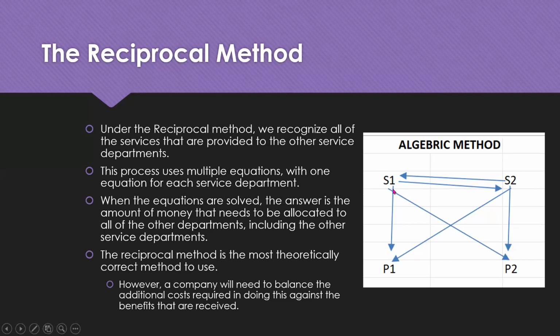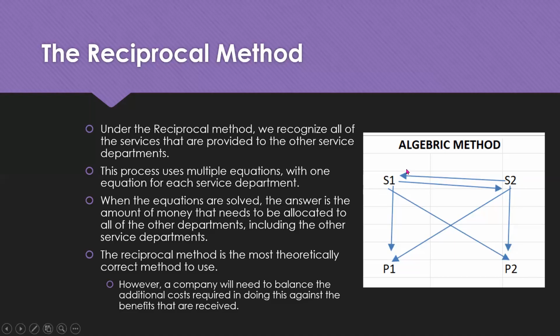Actually, suppose we have S1 department cost of 100,000. Before allocating this 100,000, we will find out how much service S1 is taking from S2. Let's say S1 is taking 20% service from S2, so 20% of S2's cost will come to S1. Suppose that 20% cost is valued at 30,000.